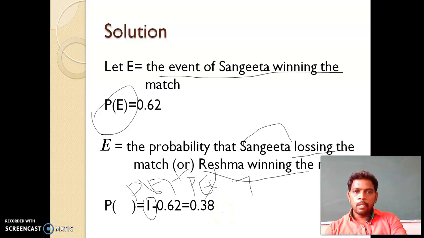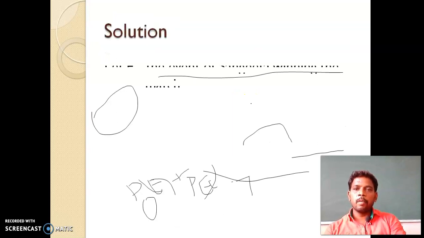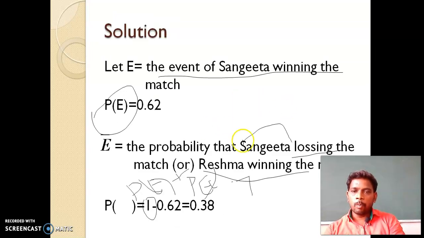Or we can just go through the property again. So here P of E plus P of E bar equals 1, right? P of E only they have given as 0.62, okay? So if you bring 0.62 to the right hand side, it becomes 1 minus 0.62. So P of E bar equals 1 minus 0.62, which equals 0.38.